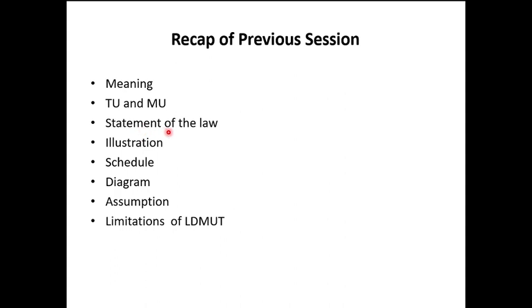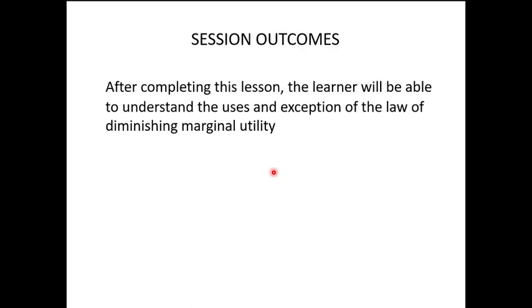Then we studied the law: other things remaining the same, or ceteris paribus, as we consume more and more units of the commodity, the utility derived from the same commodity goes on diminishing. We studied an illustration with the help of a schedule and a diagram, the assumptions, and the limitations of the law.